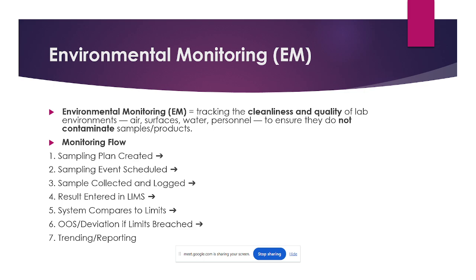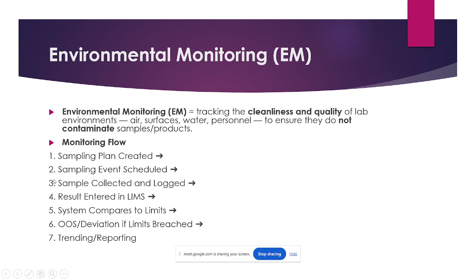For that purpose environmental monitoring helps to check how clean the water is, how free of microbes it is, and whether this water is contaminated or not. It will perform the testing. So in this, there is a monitoring flow.